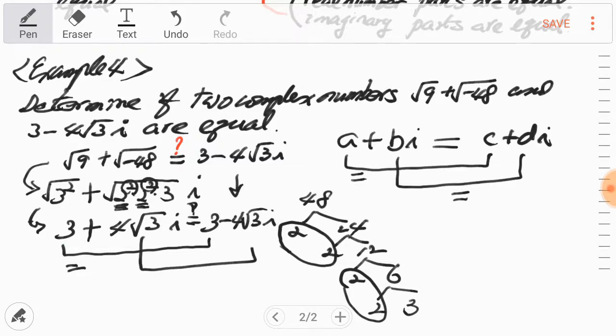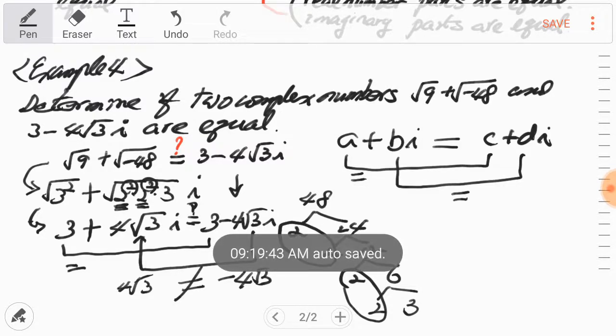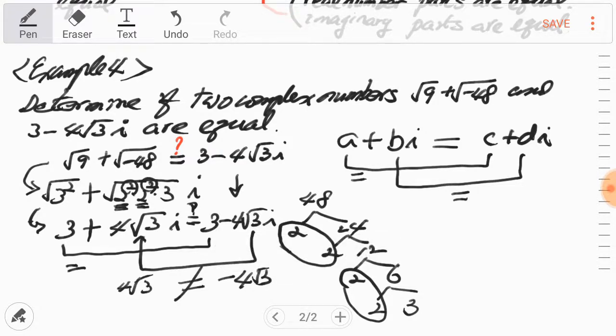Good. How about the imaginary number parts? The left hand side is 4 square root of 3. The right hand side is negative 4 square root of 3. They are not equal, different. So we can conclude that the two complex numbers are different, not equal.